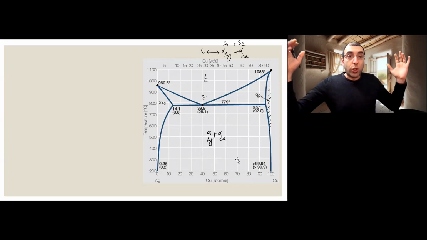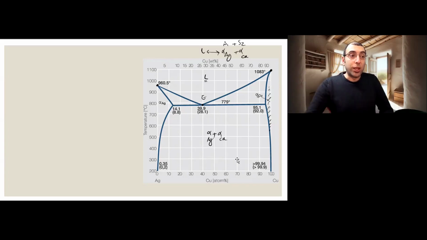And of course, whatever is in between. And as I said last time, you draw a horizontal line, and when you cross these phase lines, you know what's in it. So if you draw a horizontal line from left to right, you're crossing alpha silver and alpha copper. Therefore, in between, you have alpha silver and alpha copper. Okay.